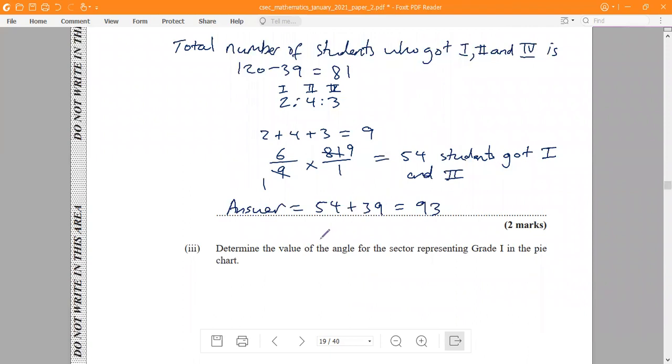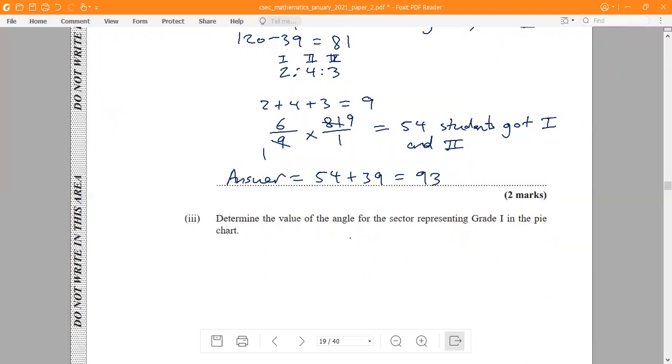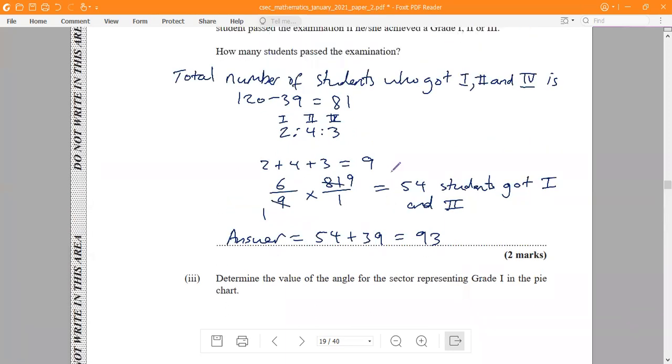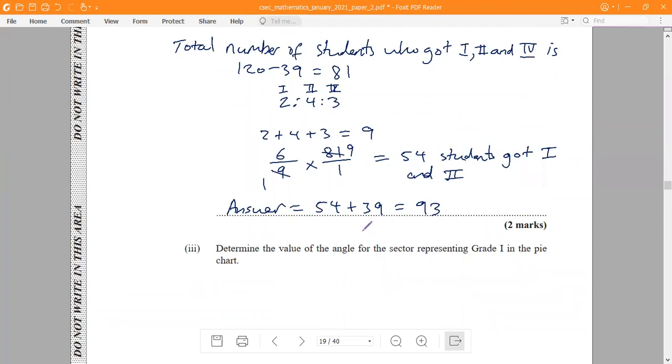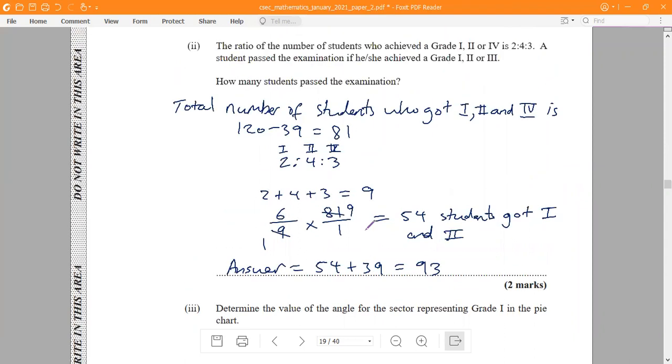So okay, let's move on to part 3, the value of the angle for the sector represented in grade 1 on the pie chart. So let's look at grade 1.